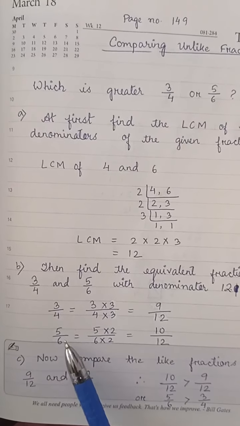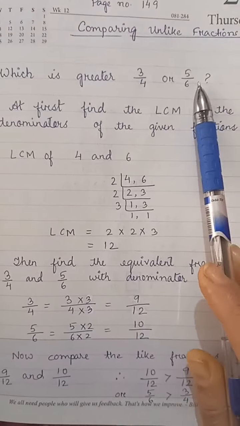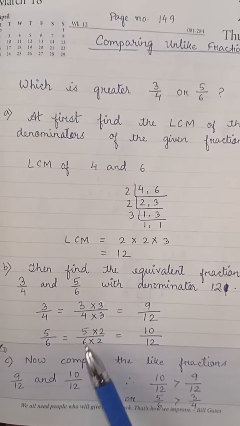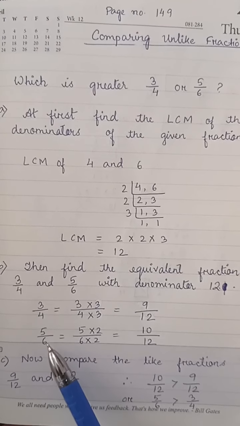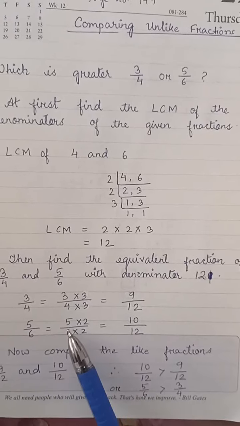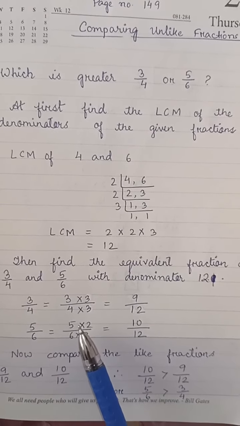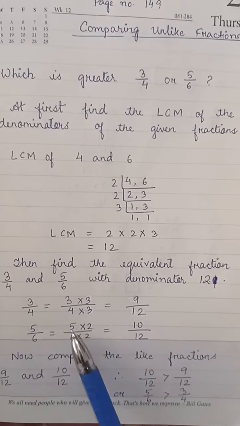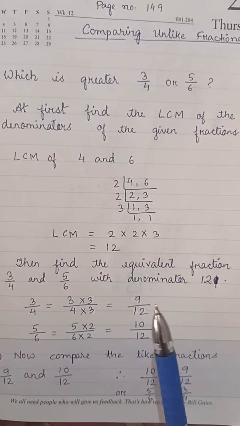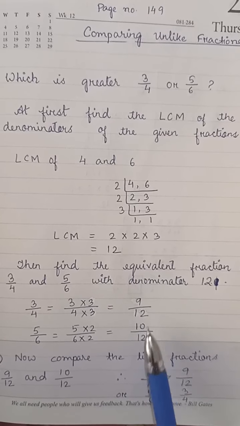Similarly for 5 by 6, the denominator 6 multiplied by 2 is 12, and 5 into 2 is 10. So now these become 9 by 12 and 10 by 12.